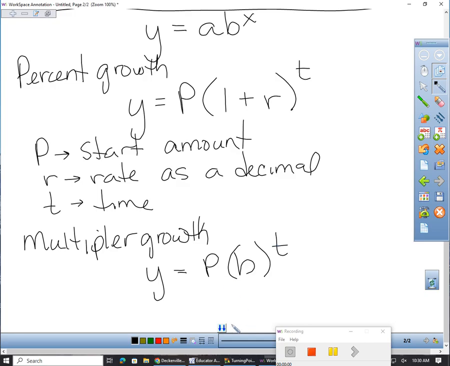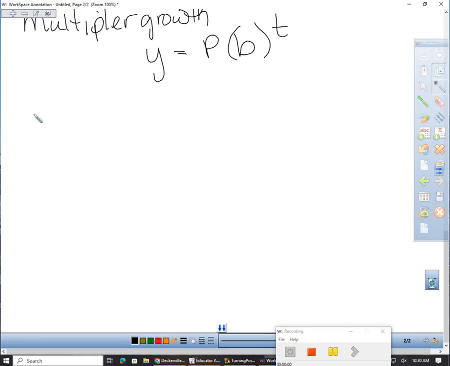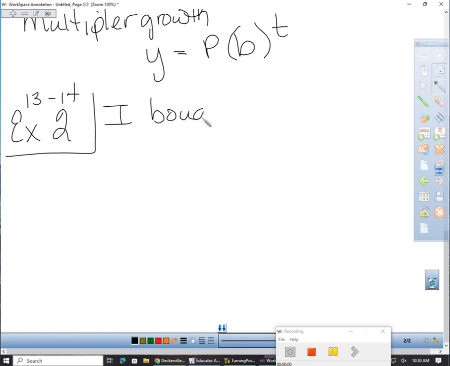Okay, so example number 2. For example number 2, this is what you are using for 13 and 14. Let's say I bought 20 rabbits for Easter.